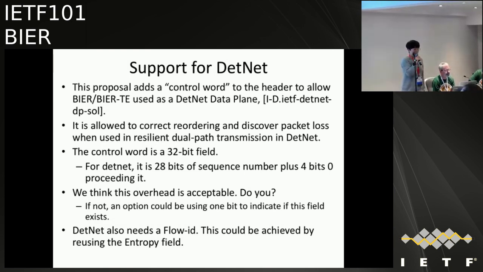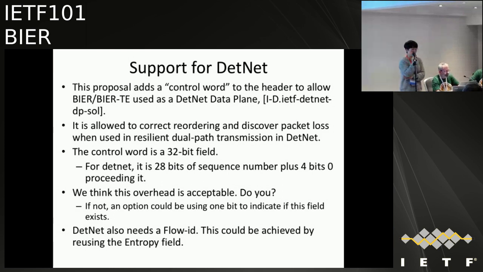Another feature for this encapsulation is the support for DetNet. So this proposal adds a control word field to the header to allow the encapsulation to be used as a DetNet data plane. This field is 32 bits, and for DetNet currently only 28 bits are used as a sequence number.